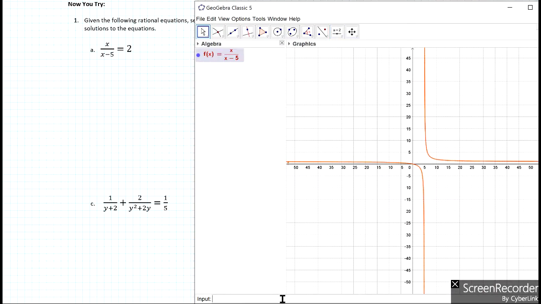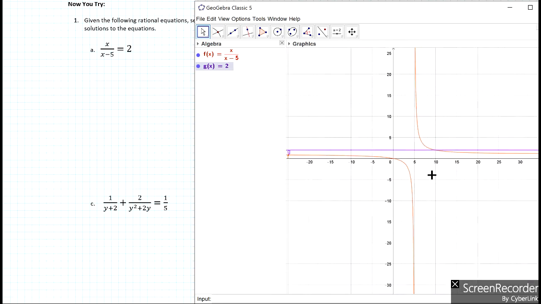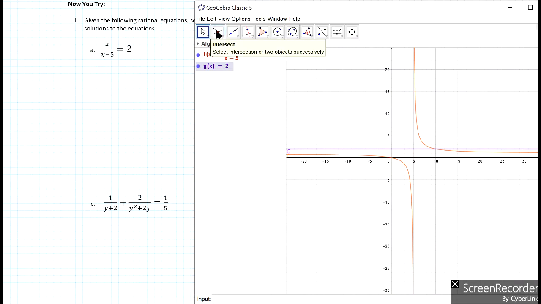For the right hand side, we have g of x, which is a constant. It's equal to 2 in this case, and these are the two graphs we got. If we want to find the intersection, we can click on the graphs and get the intersection at (10, 2).